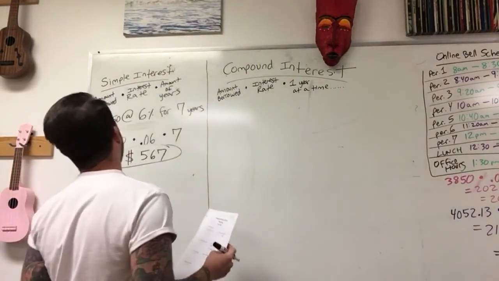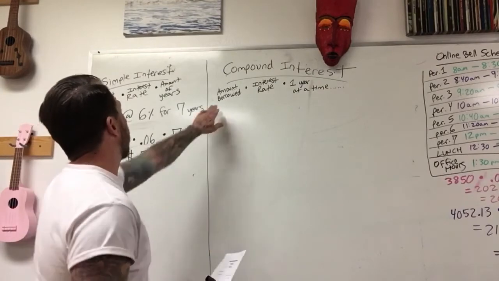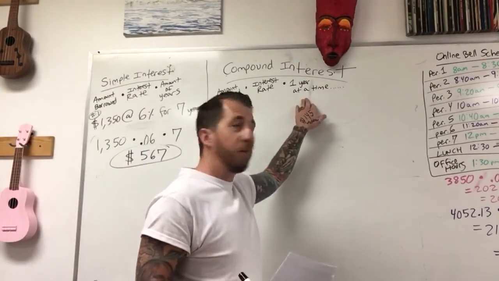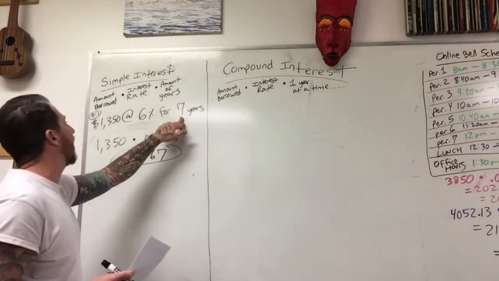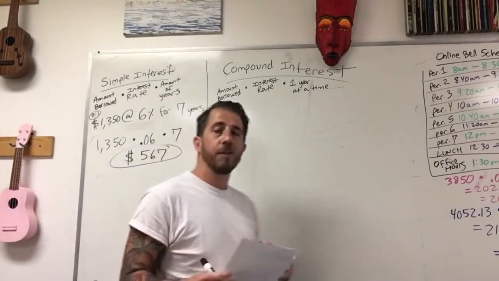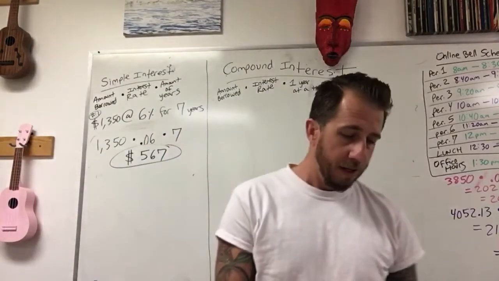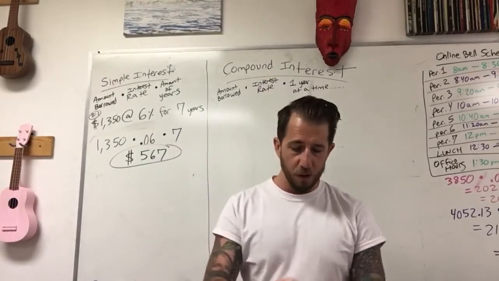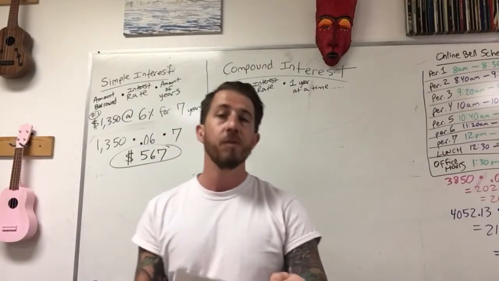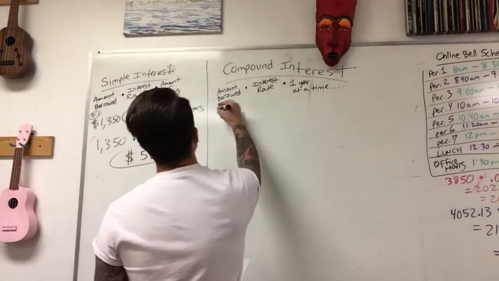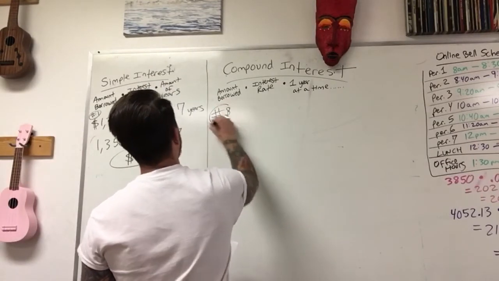Compound interest uses the same type of formula, except you don't multiply by the 7 years like that. You have to go 1 year at a time, and I'm going to show you what we mean. I'm going to flip over and do one of the problems from your homework, number 8.